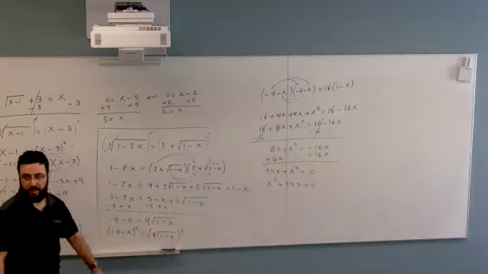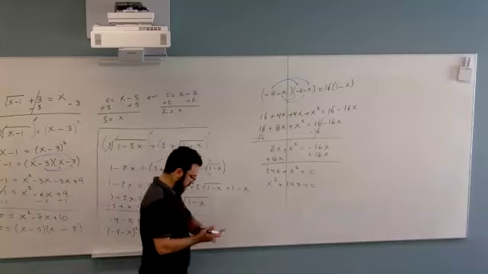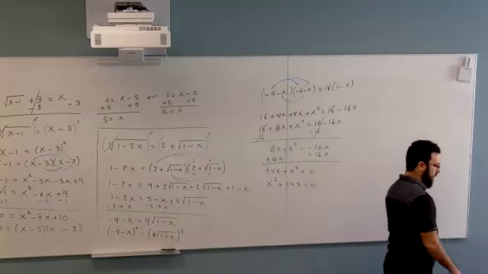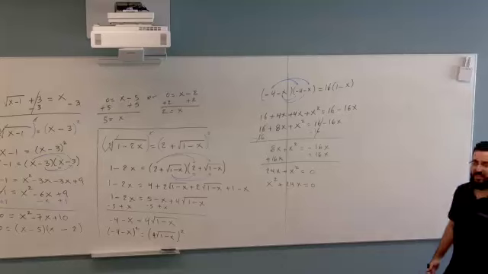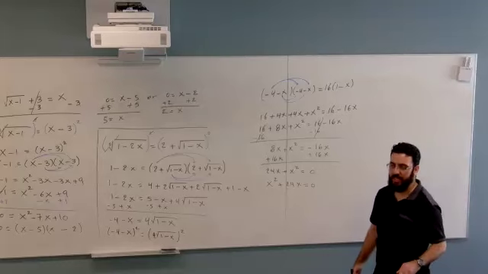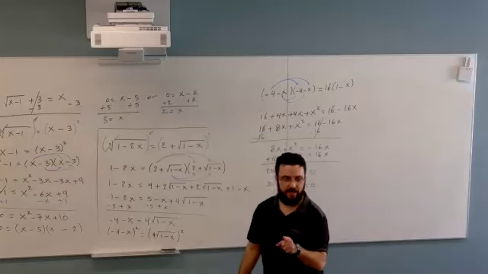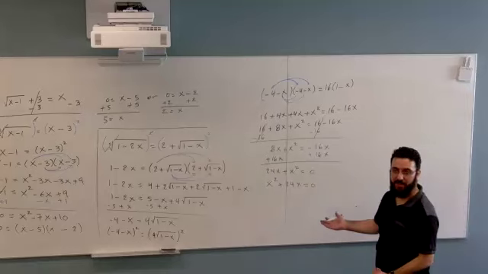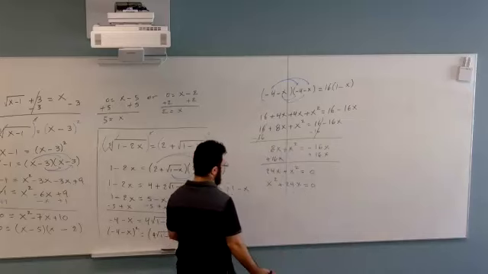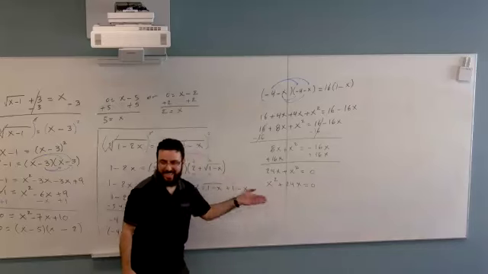Now, how are we going to solve this one? It's a quadratic with only 2 terms. It's factoring, right? But what's the first thing when you do factoring? The greatest common factor. You have a greatest common factor, which is 1. 1 is right, but 1 is not going to change anything.